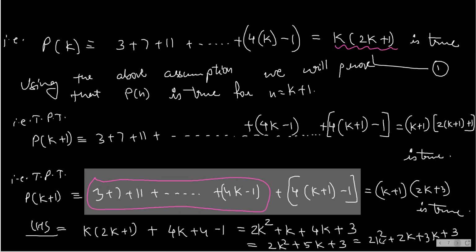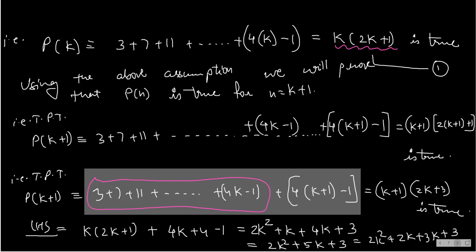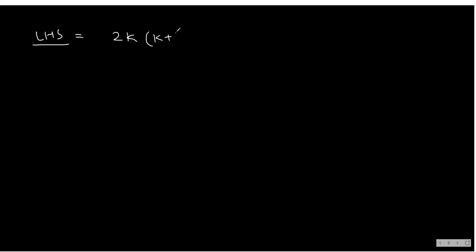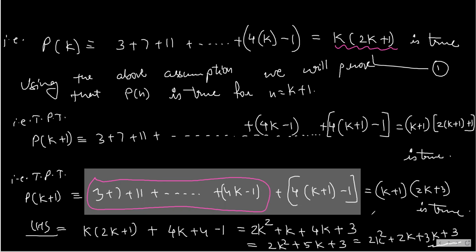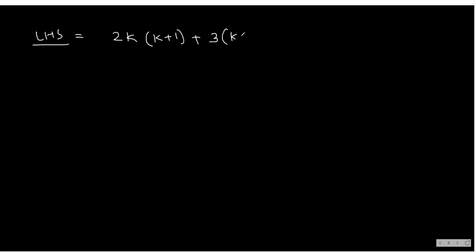So I take 2k common. So LHS, I take 2k common, so this will become k plus 1. And when I take 3 common from the last two terms, here I took 2k common, so here I take 3 common, so k plus 1.